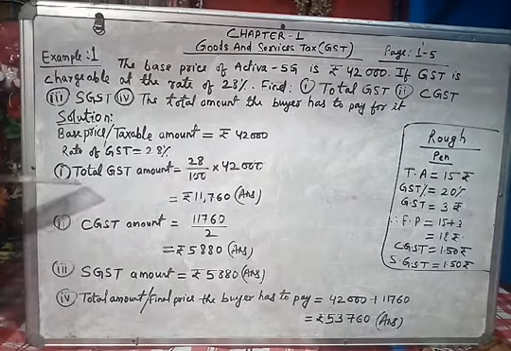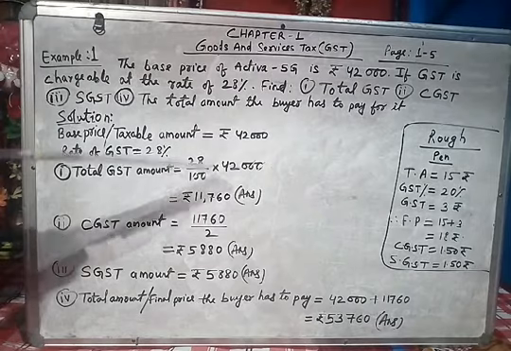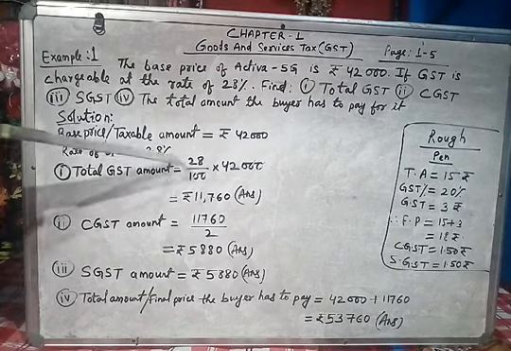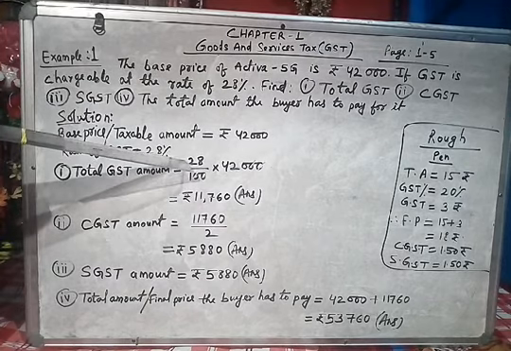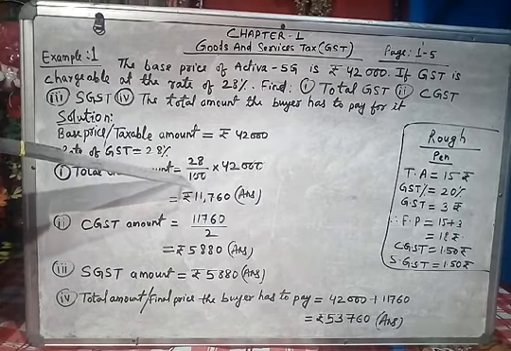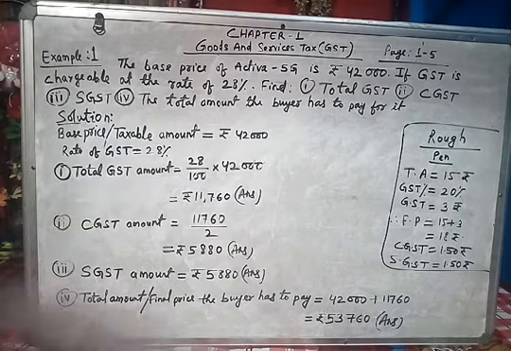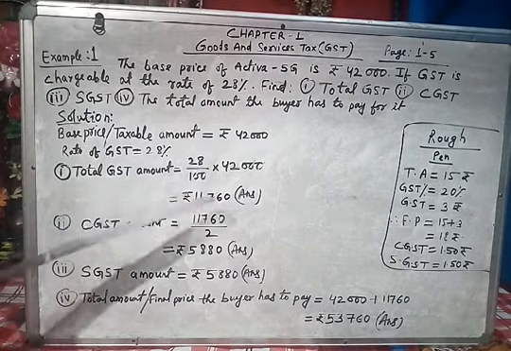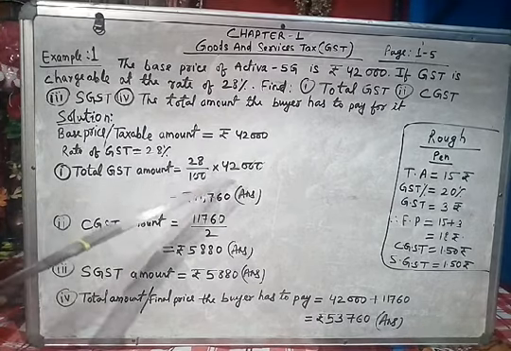So I wrote total GST amount is, as you all know, here we should know the percentage formula. What is the rate of GST? 28%. That 28 we write at the top in the numerator, and in the denominator we write 100. This is the formula of percentage. 28 by 100 multiplied by 42,000.